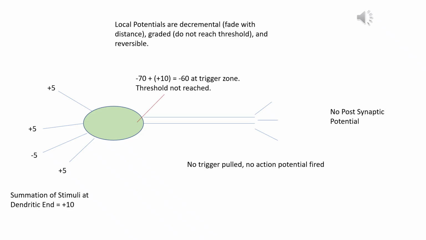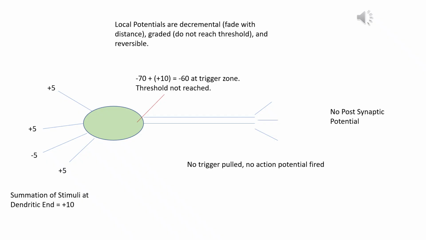That is not sufficient, so we call that a local potential. There was a depolarization that occurred, but it was not sufficient to pull the trigger. We got to -60. If we don't get to -55 or better, then threshold is not reached and the trigger is not pulled. So local potentials are decremental.